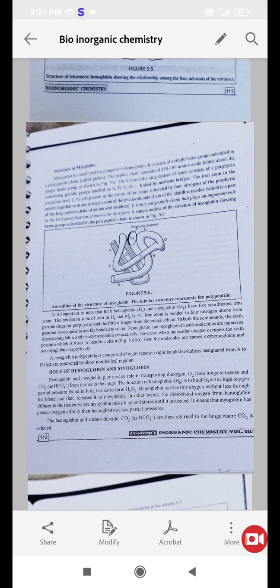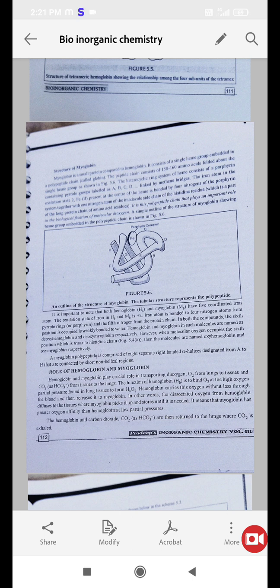In both compounds, the 6th position is weakly bonded to water. Hemoglobin and myoglobin in such complexes are named deoxyhemoglobin and deoxymyoglobin respectively. However, when molecular oxygen occupies the 6th position, which is trans to the histidine chain, the molecules are named oxyhemoglobin and oxymyoglobin respectively.